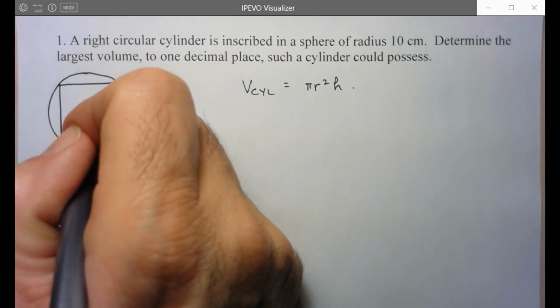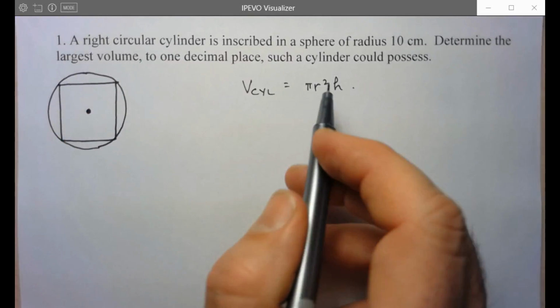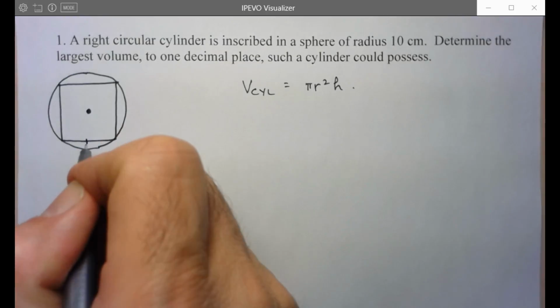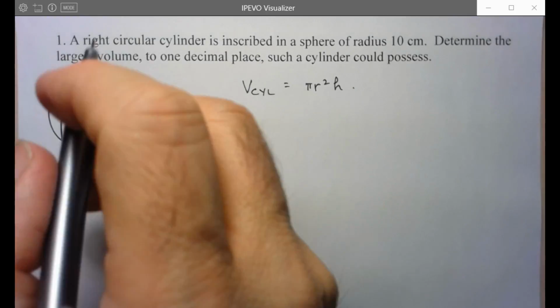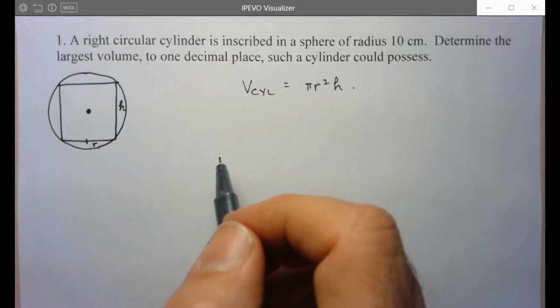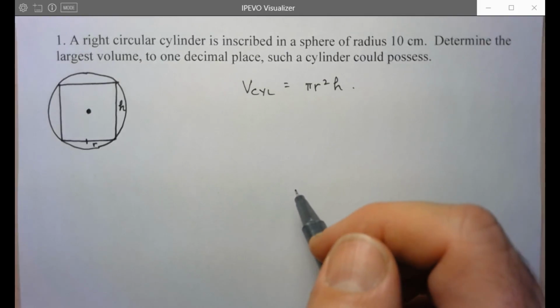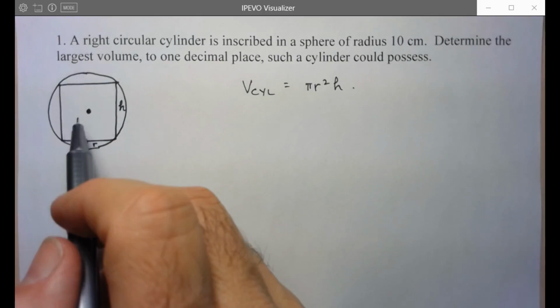All right, so let's take a look at what we have. We're working with the dimensions for a cylinder. So the important dimensions are the radius and the height as given in the equation. And somehow we're going to have to bring in the radius of the sphere. Now remember that the radius of a sphere is just the distance from the center to any point on the sphere.